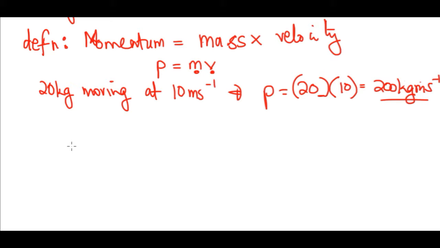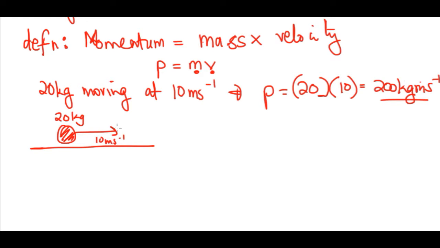So now imagine this object collides with another object. So let's look at this object. There's our object. It's moving and it's 20 kgs and it's moving at 10 meters per second. And then it collides with another object, right?